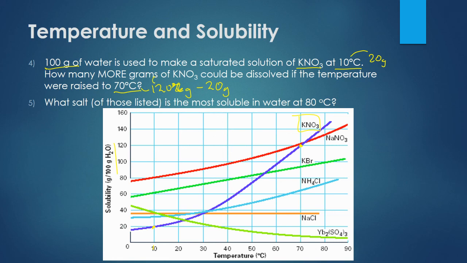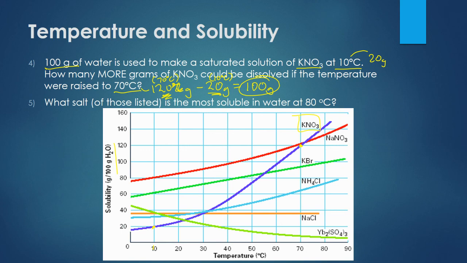This one, by the way, is at 70 degrees, and the 20 is at 10 degrees. And we end up with 100 grams. That's the answer it's looking for. Even though it gives us the values of 120 and 20, it wants the difference. So we need to make sure we report the 100 grams.